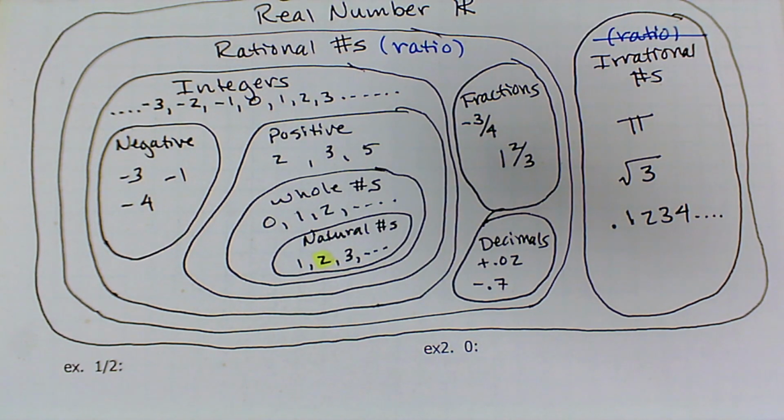If I do like a -4, it's negative, it's an integer, it's rational, it's real. If I give you like 1.5, that's a decimal, which is rational and real. So that's how you read the chart, is whichever circle it's sitting in, that's what type it is.